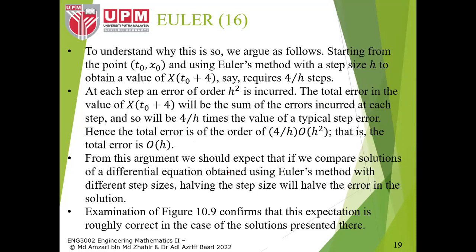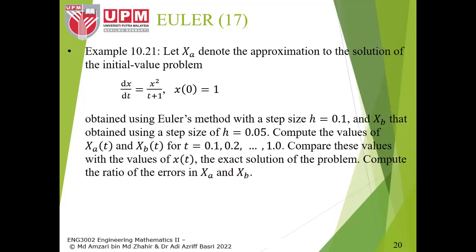Okay, maybe we can go for an example here to make things clear. For example, let xa denote the approximate solution of the initial value problem dx over dt equals x squared plus t plus 1, where x(0) is 1.